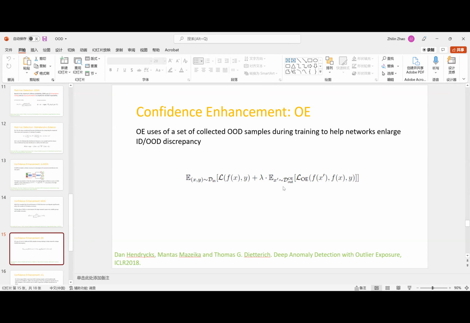The second term calculates the distance of the feature map between the in-distribution and out-of-distribution samples, and the algorithm tries to enlarge the gap between them.